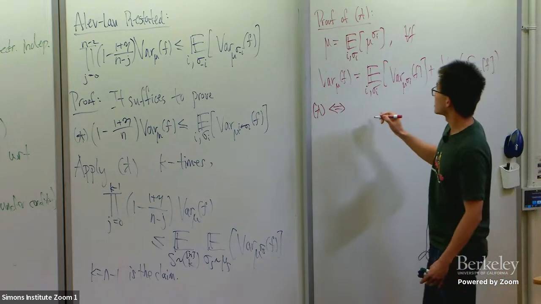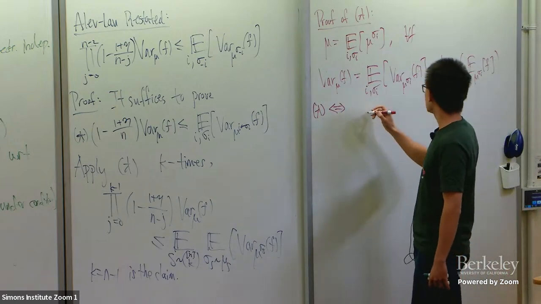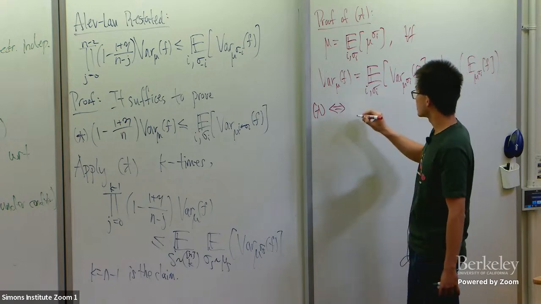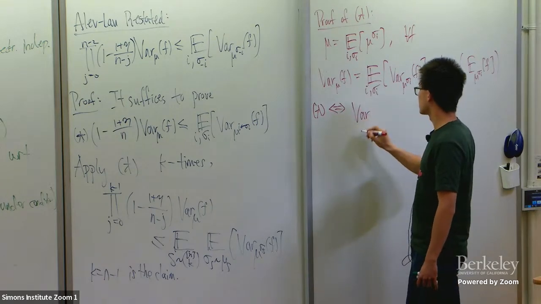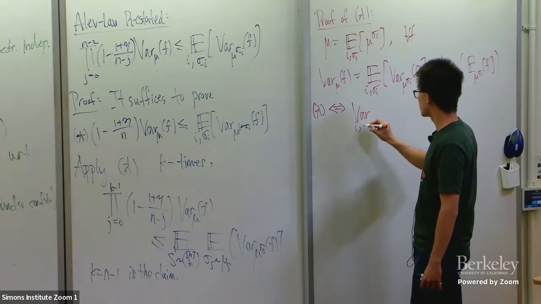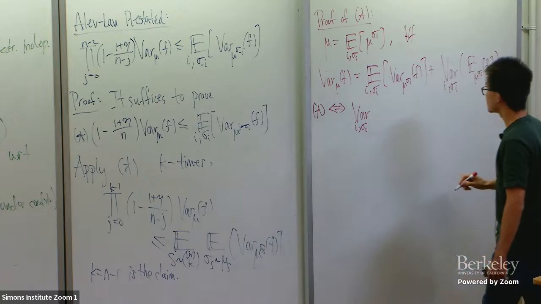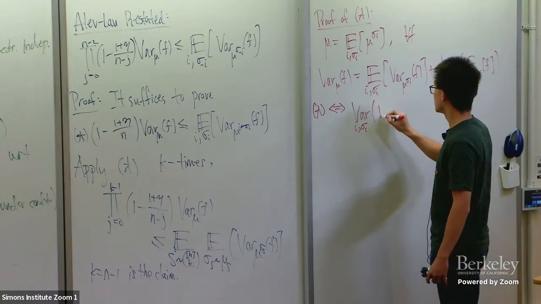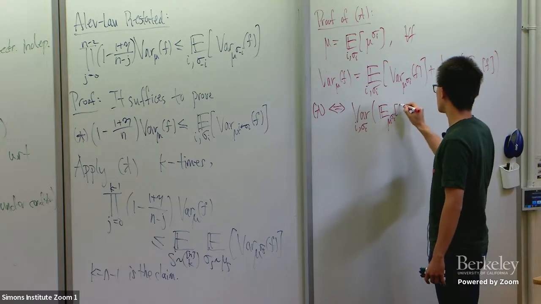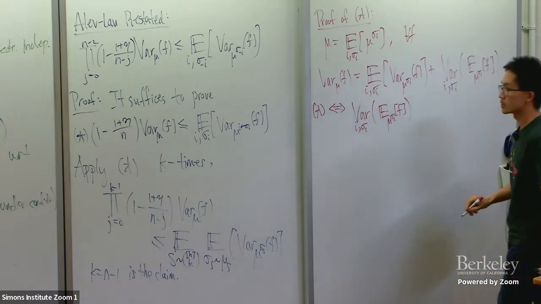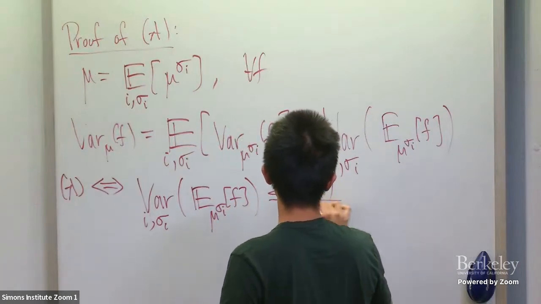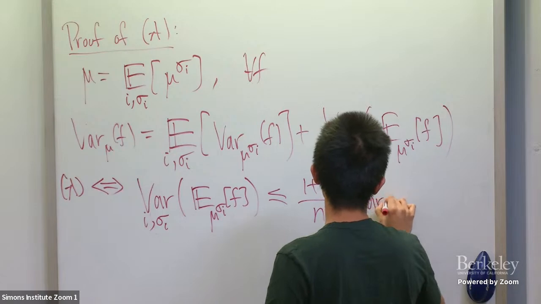It's equivalent to saying that I look at this variance here, variance under random choice of coordinate I and an assignment to that coordinate. Expectation of the function with respect to the conditional measure is upper bounded by 1 plus eta over n times the global variance.